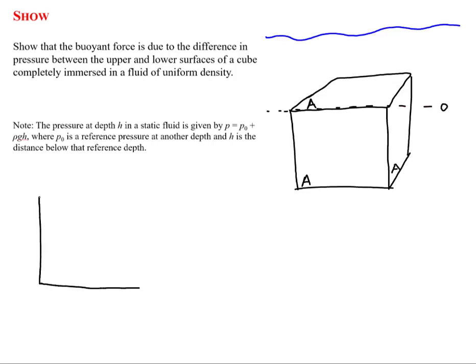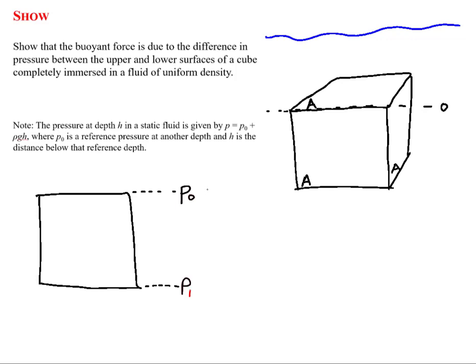So let's take a side view of this cube, and look at the pressure difference between the upper surface and the lower surface. Let's say the upper surface of the cube experiences a pressure of P naught, and the lower surface experiences a pressure of P1.